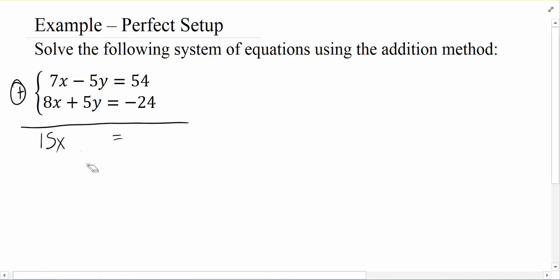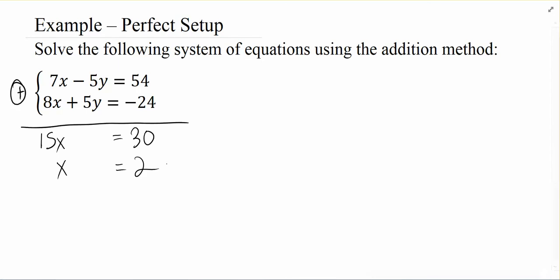So that's what I mean by it's going to go away. 5y minus 5y is 0. There's no more y's. And 54 minus 24 is 30. So if the y's go away, I'm left with an equation that only has x in it, and I can solve that. If I divide both sides by 15, I get x is 2.